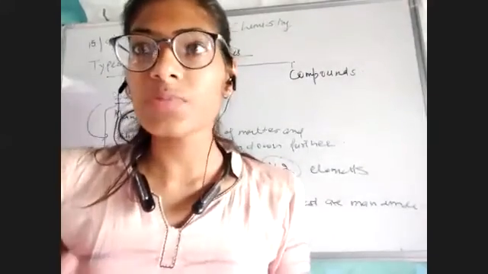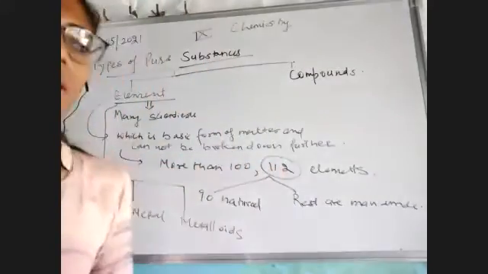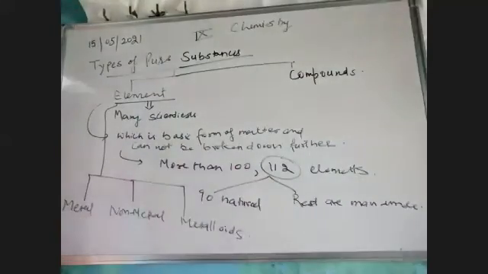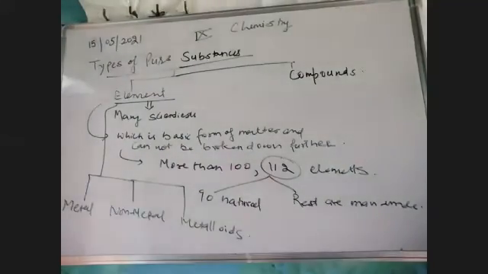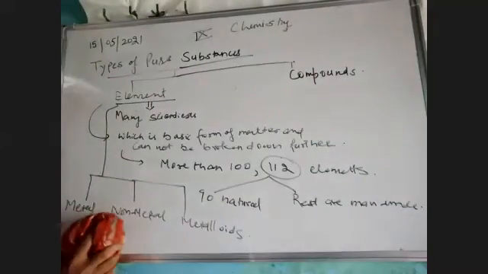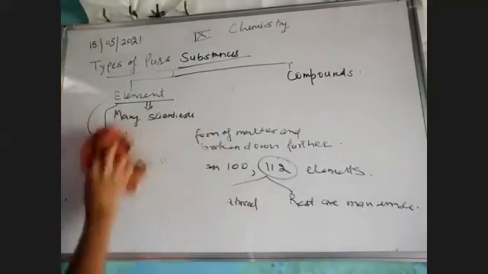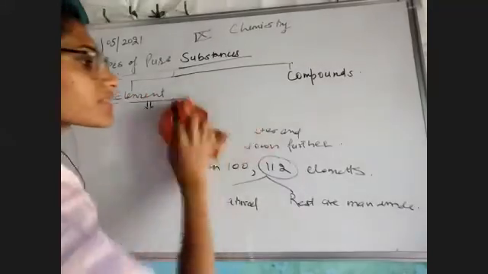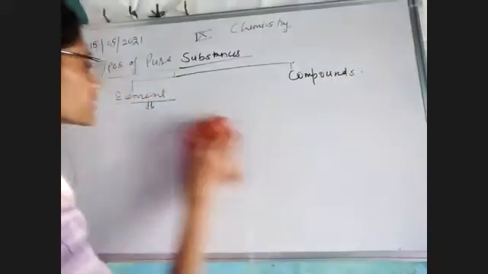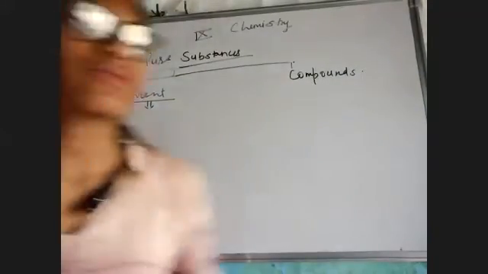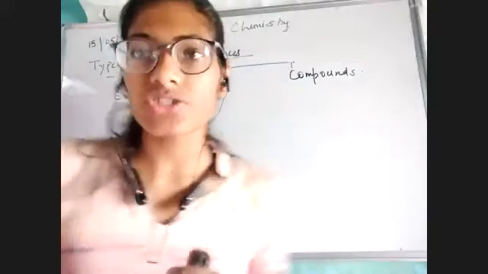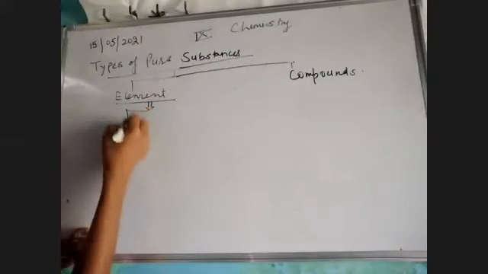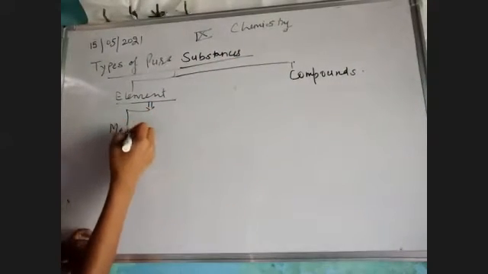So let's begin with what metals and non-metals want to convey to us. You have understood that there are some basic properties of them. The metals and the non-metals have some basic properties, some basic terms and conditions. Let me define them. First, I'm going to deal with the metal.